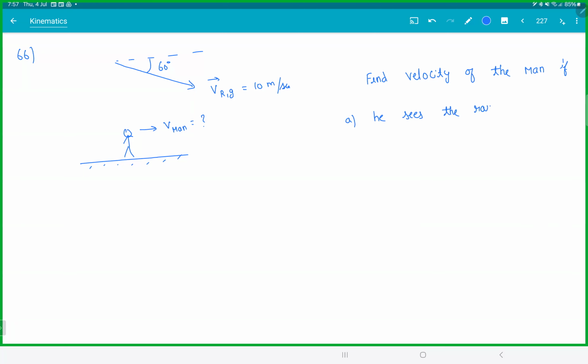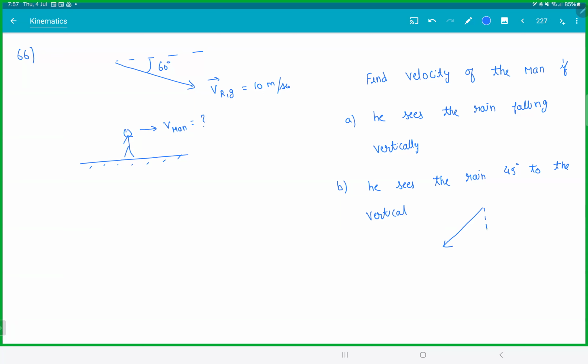You're given that rain is actually falling at 60 degrees, but you want to see the rain falling vertically. The B part: he sees the rain at 45 degrees to the vertical, like this.